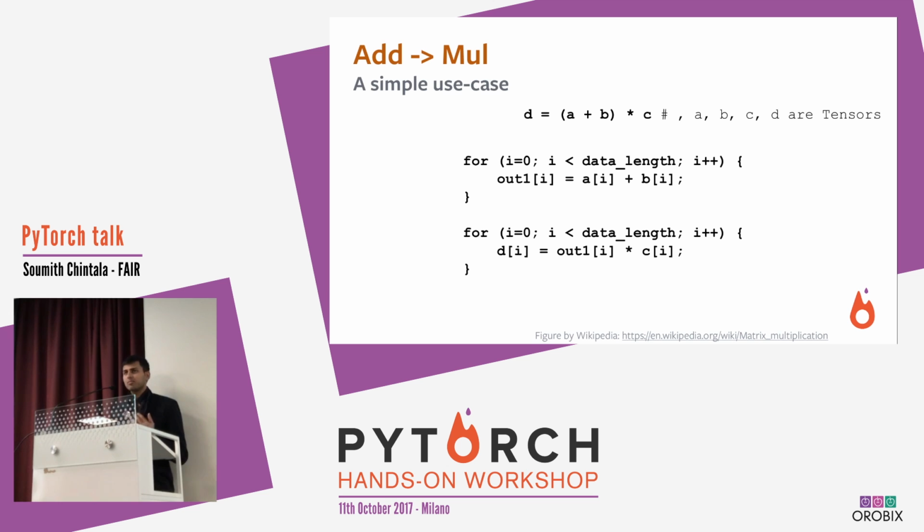Now, because these tensor libraries come pre-compiled with all these kernels, what will actually happen is you will first compute a plus b and put it in some output buffer, and then you will compute c times that output buffer.